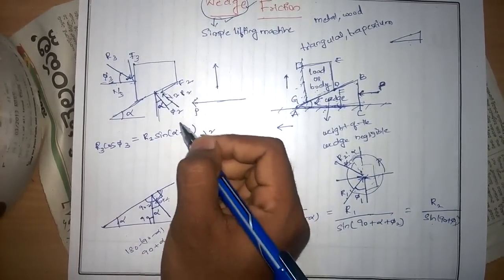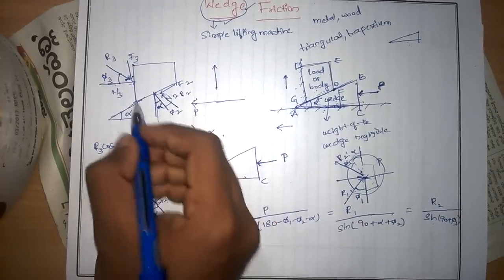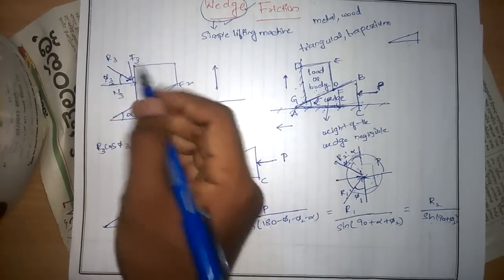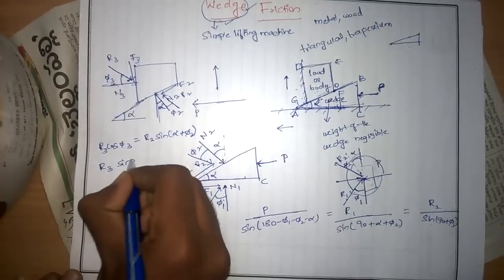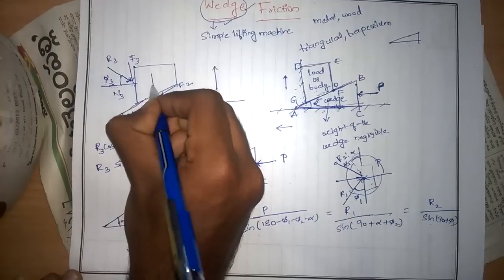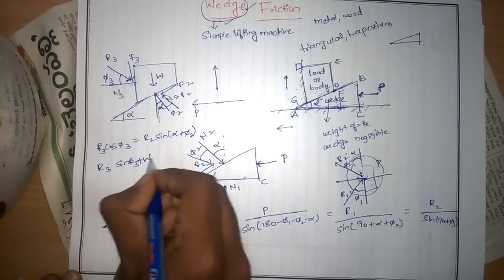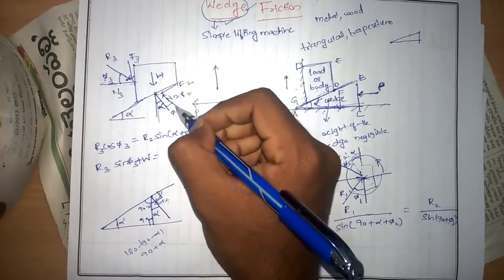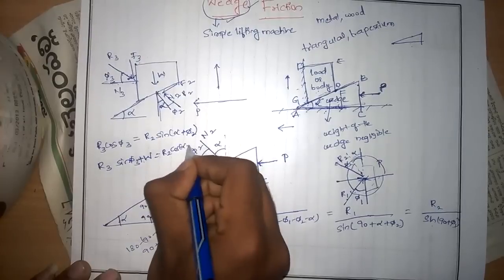And next, when we resolve R3, in the vertical direction this will be resolved to R3 sin phi 3, and the weight is also considered here in the downward direction, plus W is equal to, now in the vertical direction, if we resolve this, R2 cos of alpha plus phi 2.